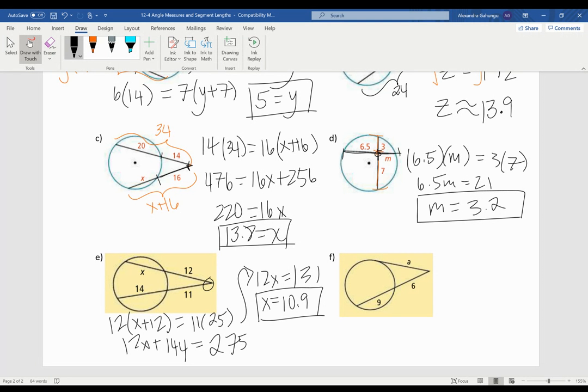So this is outside times the whole. 6 times the whole, 15, equals outside times the whole. They're both the same thing, so it's a times a, or a squared. So a squared is equal to 6 times 15.